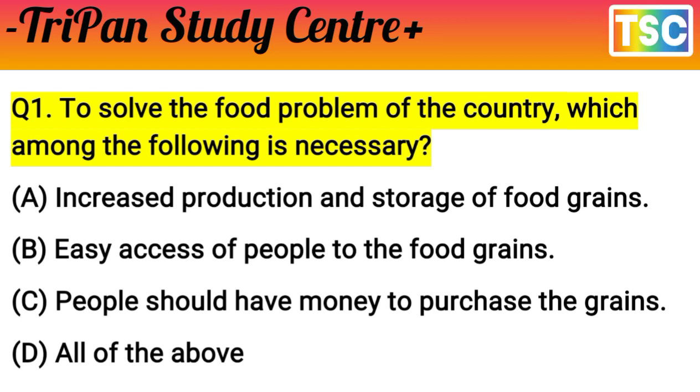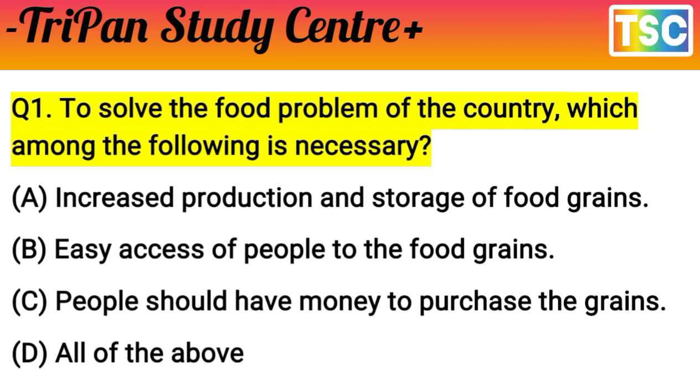To solve the food problem of the country, which among the following is necessary? There should be an increase in the production and storage of food grain, easy access for people to the food grain, and people should have money to purchase the grain.